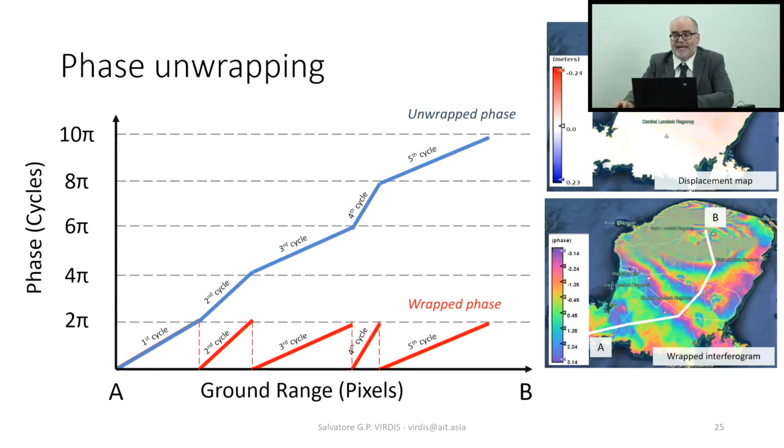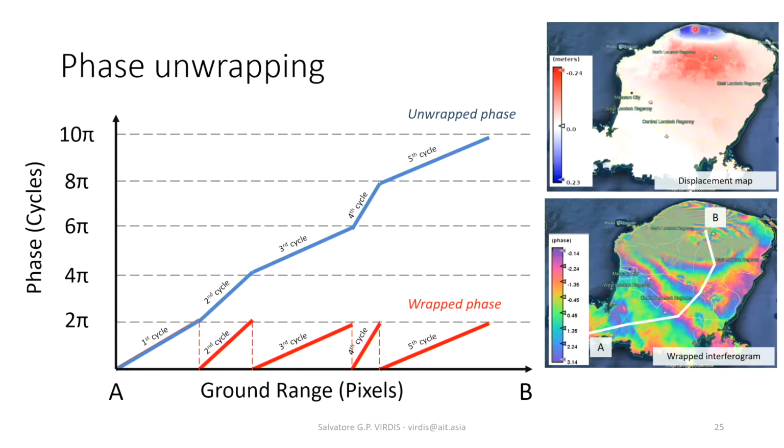And in practice, the unwrapped interferogram is our displacement map, which is our final product in conventional InSAR applications. In this case, we can say now that the earthquake displaced this area, of course, with its own fault geometry, and the central part of this island went away from the satellite, so it subsided, and the northern part of the island went towards the satellite and uplifted.